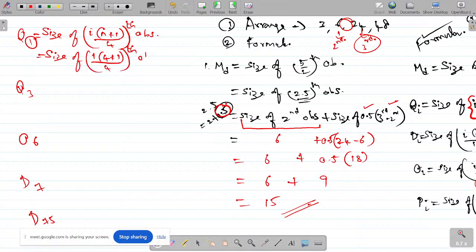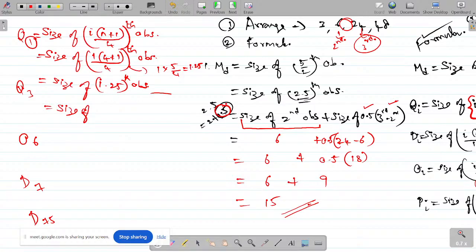Okay, go step by step working. Then size of 1 into 5 by 4. What is this value? 1.25. That is for Q1; I'm working Q1 here. So size of 1.25th observation. Till here is fine. Shall I go for the next step? You split this 1.25 as 1 plus 0.25.